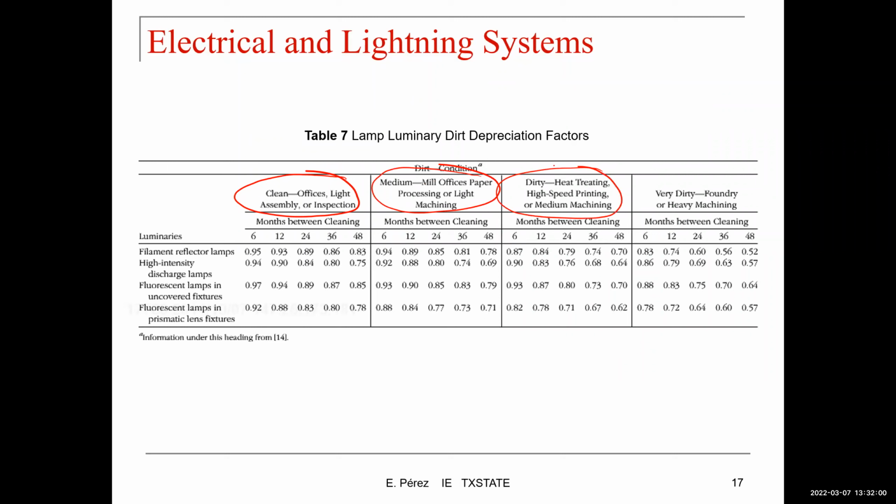High-speed printing, medium machining, and very dirty foundry or heavy machining. So depending on what type of manufacturing process or facility you are designing for, and then your estimate of the months between cleaning, and the type of luminary that you're using, the combination of those helps you determine this depreciation factor. All these factors are already tabulated. You just have to make sure that you get the parameters needed to find the right point.